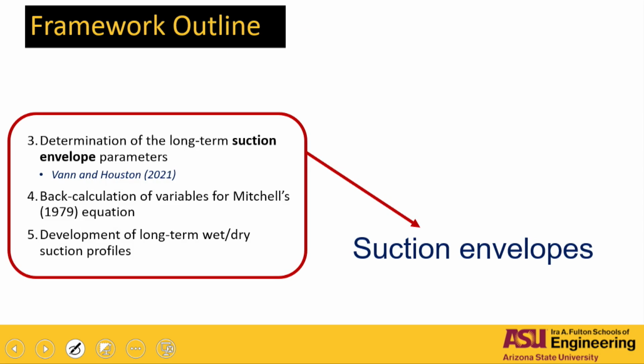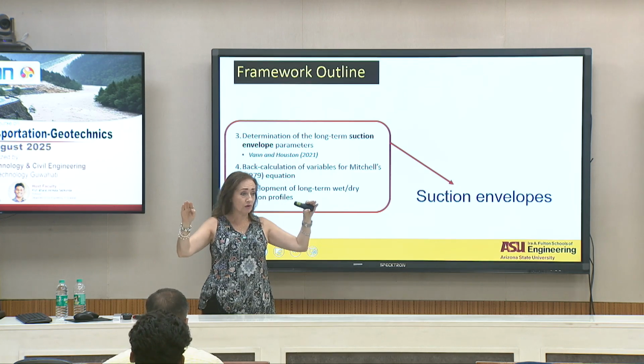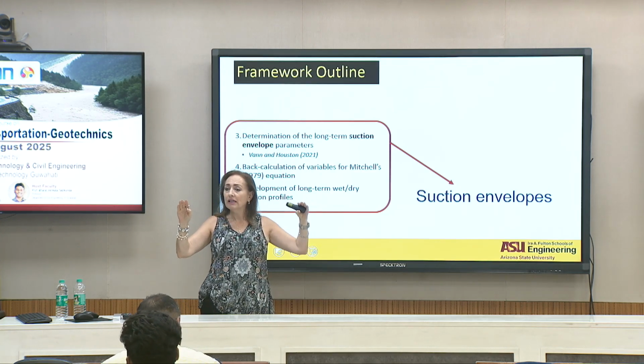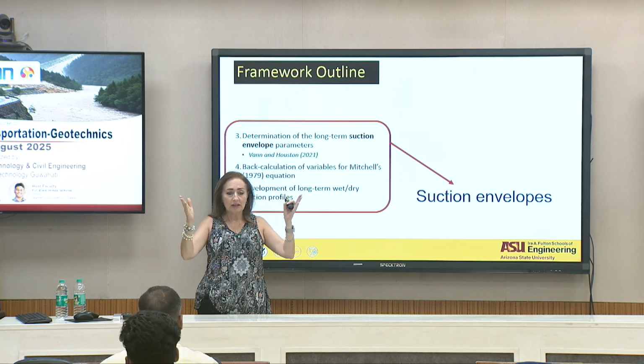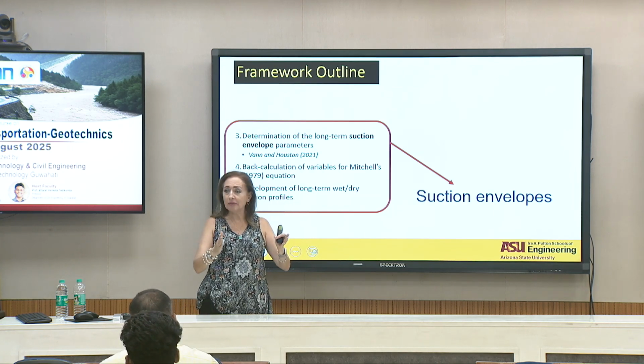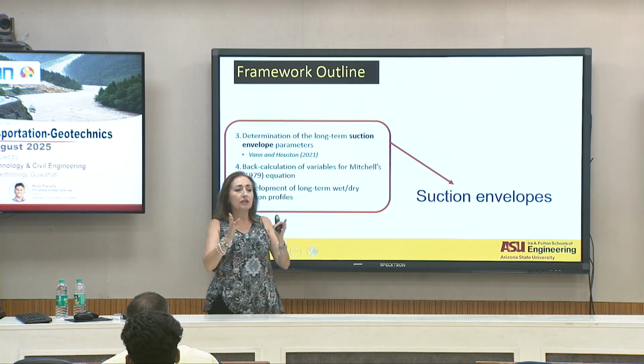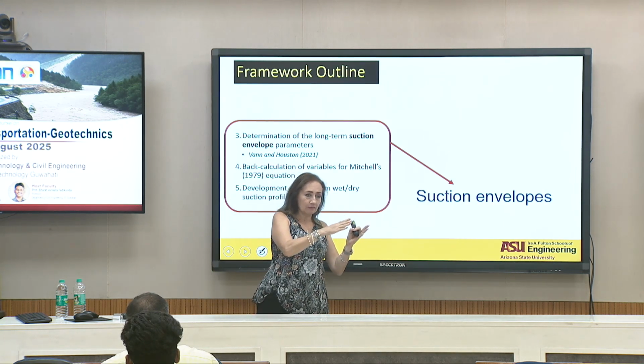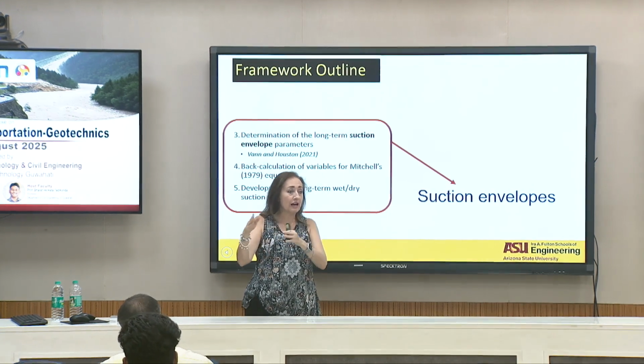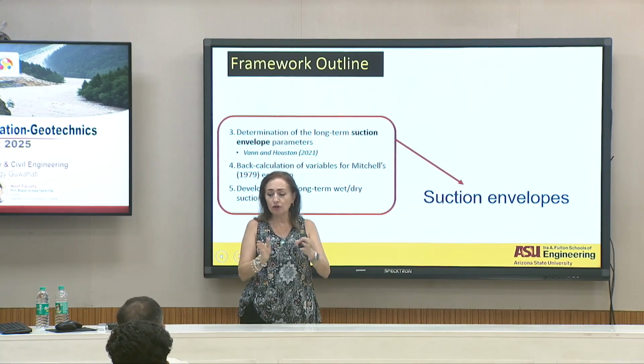All right. So the second step was, okay, now we do have a climatic boundary condition imposed at the top. Now we want to figure out how the suction changes with depth. And obviously there are going to be suctions that are very low and suctions that are very high, depending on the moisture content you have.